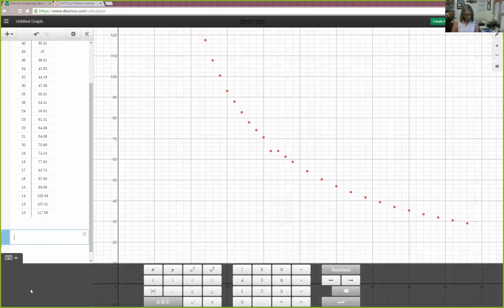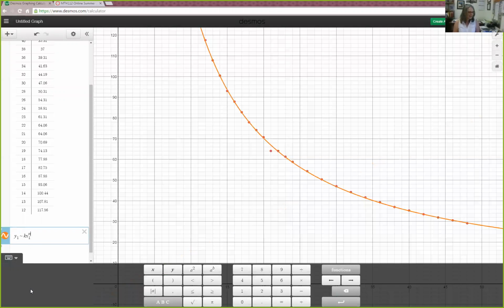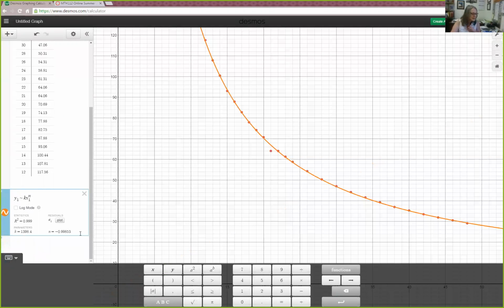So let's try y1 is maybe equal to k times x1 to the n power. And my fit tells me that, yes, my n is about negative 0.99, so that's negative 1, and k is 1398.